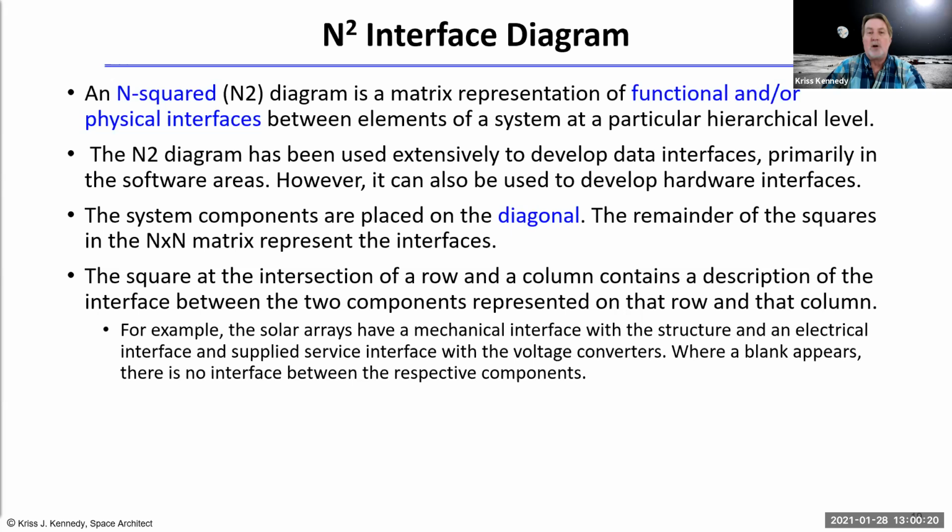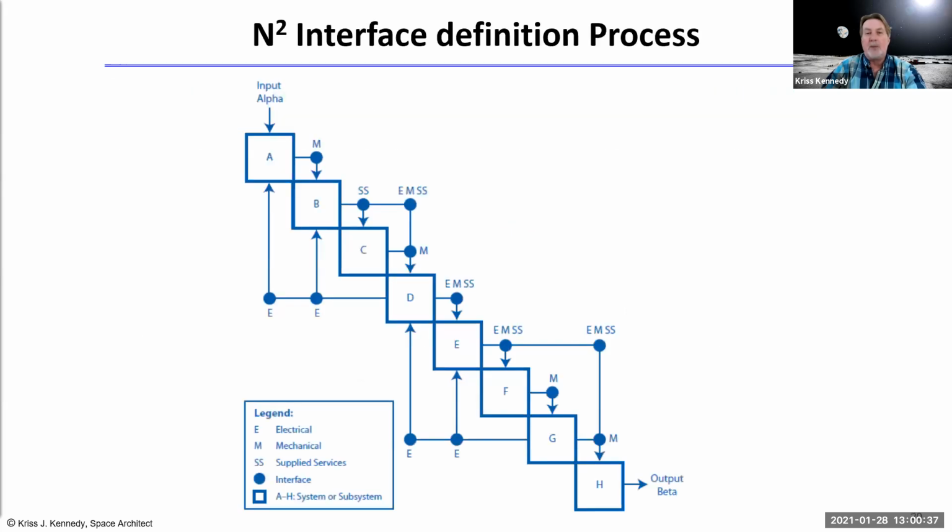So for example, a solar array has a mechanical interface with the structure, and an electrical interface and a supplied service interface with the voltage converters. Where a blank appears, there's no interface between those respective components. So here's an example. You've got components running down on a diagonal, and then you're identifying between component A and component B, you have a mechanical interface.